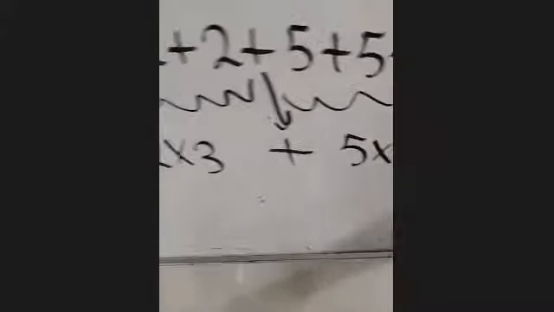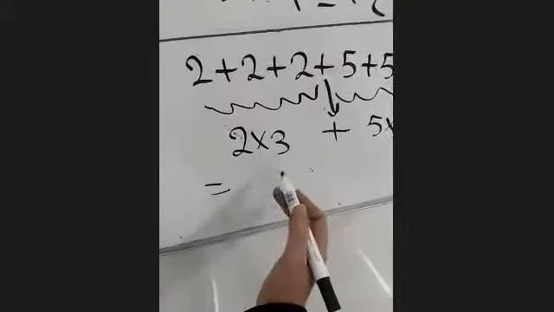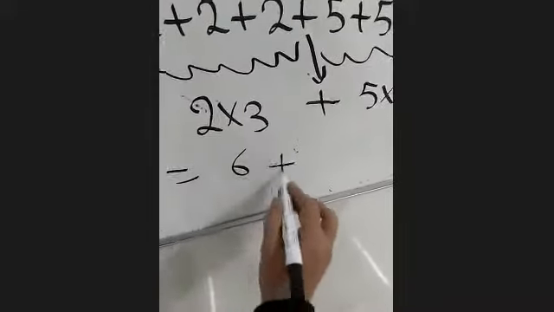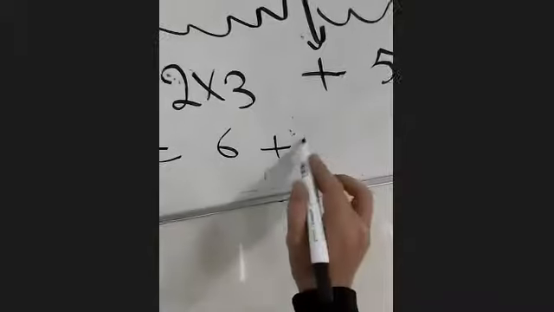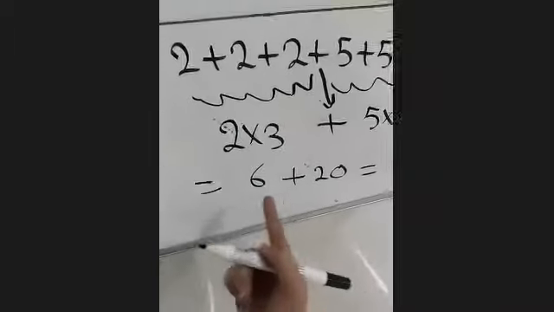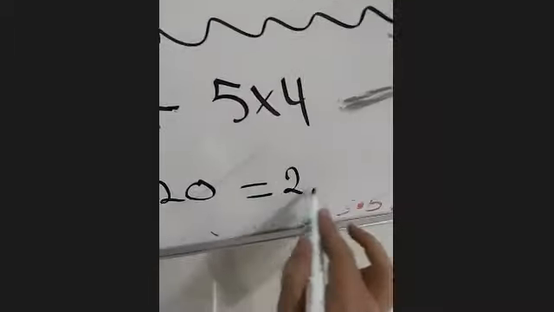Now we can find the answer. 2 multiply 3 is 6, plus 5 multiply 4 is 20. And if you add them, 6 plus 20 is 26.